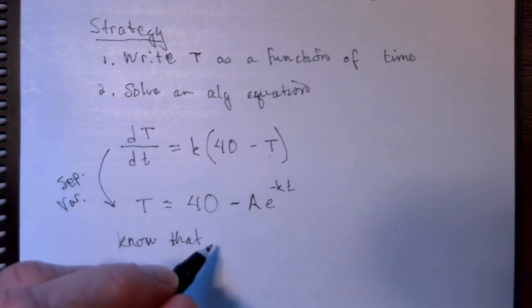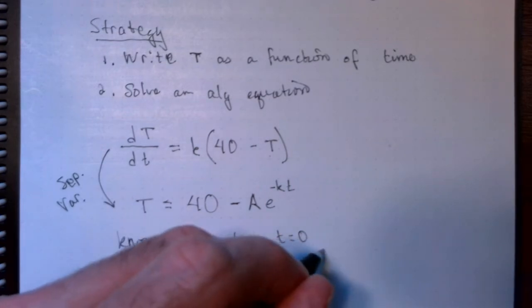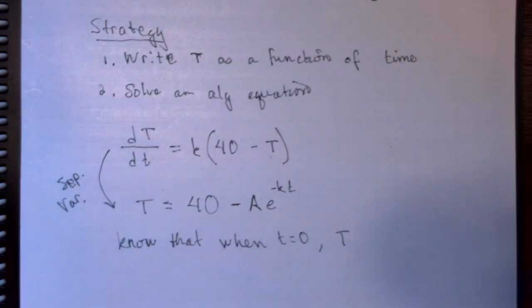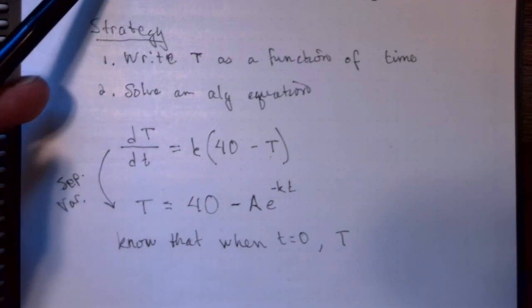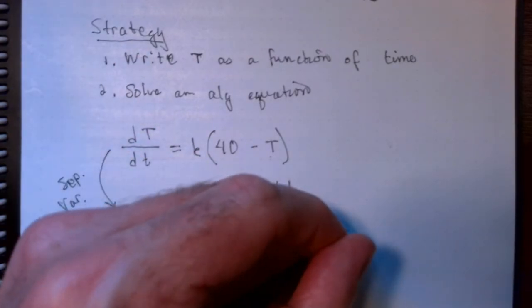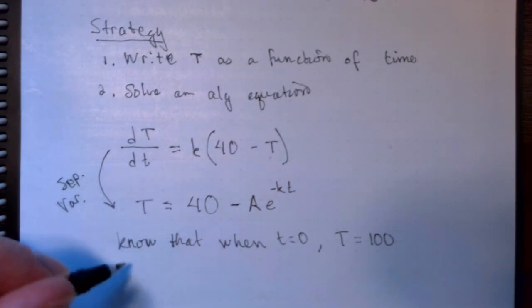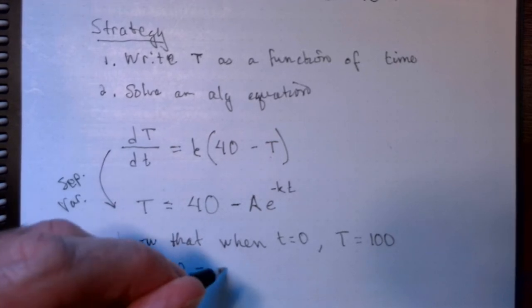I know that when little t equals 0, this is supposed to be 100 degrees. Capital T equals 100. So, that tells me this. Capital T is 100.